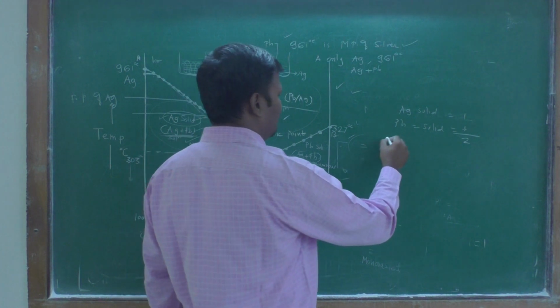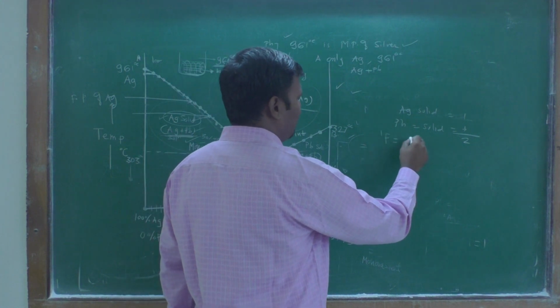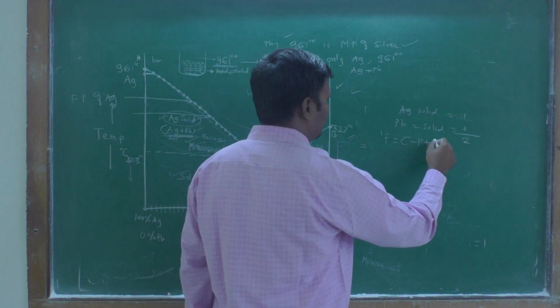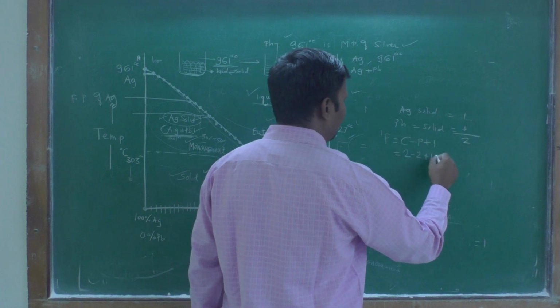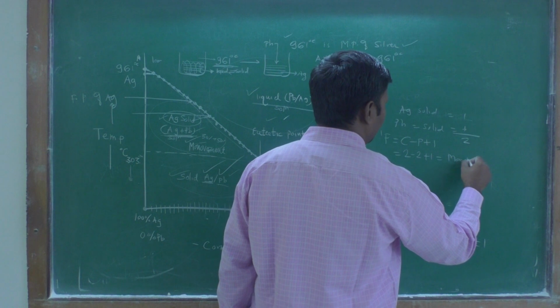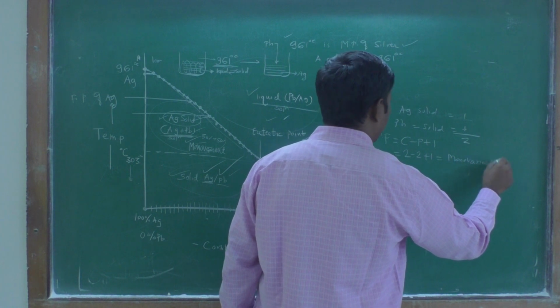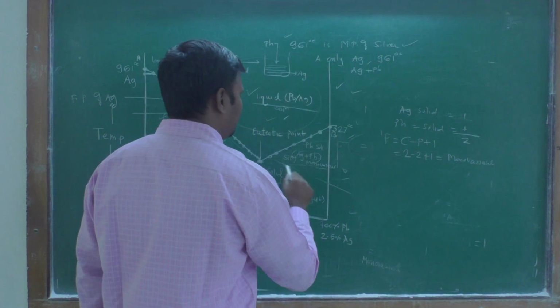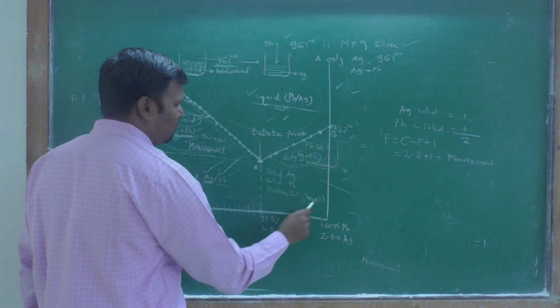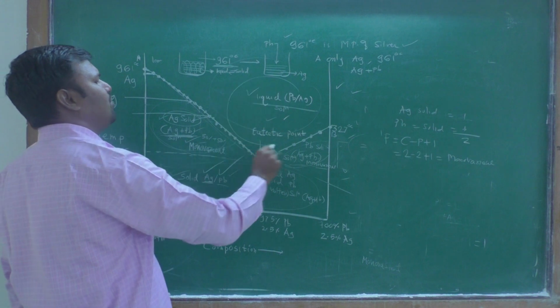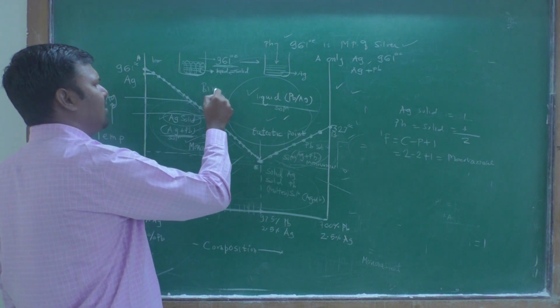Therefore, for this system, the degree of freedom is F = C - P + 1. The components are 2, phases are 2, therefore the system is a monovariant system. Okay, this system is a monovariant system. This is also a monovariant system, and the third is also a monovariant system, and this is the bivariant system. This is called the bivariant system.